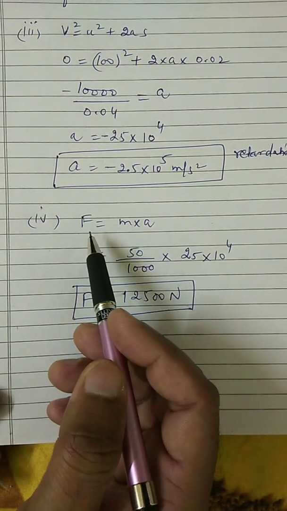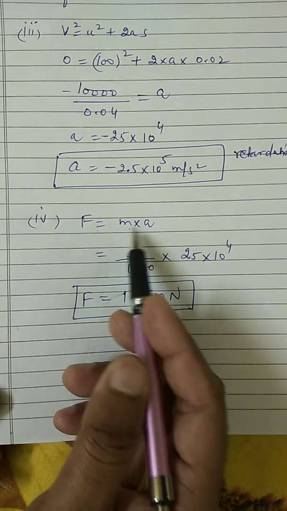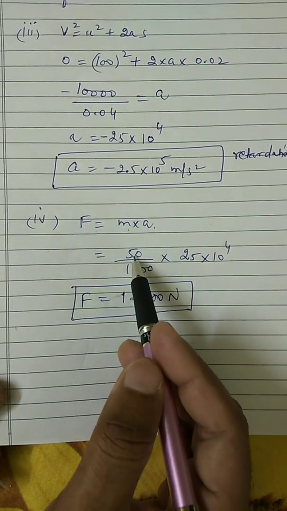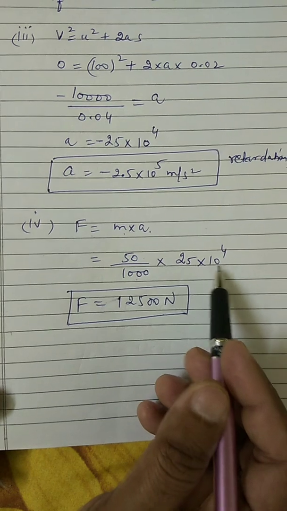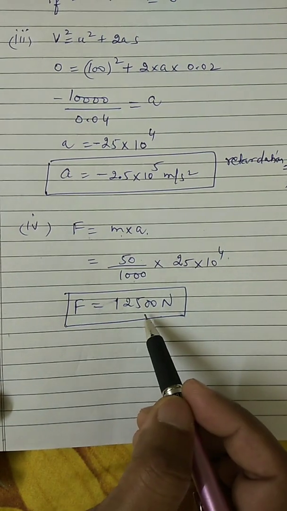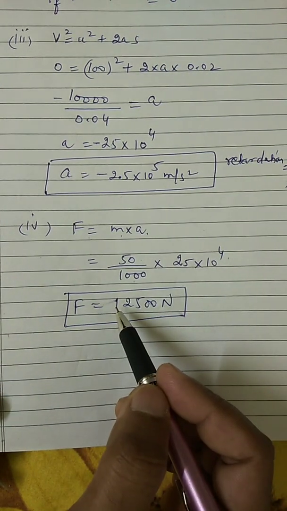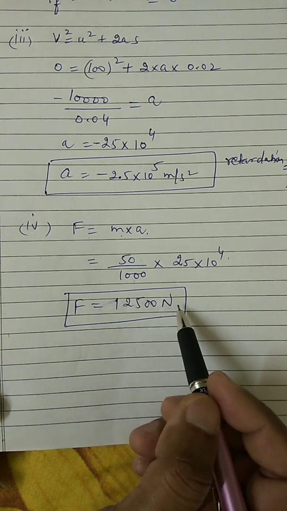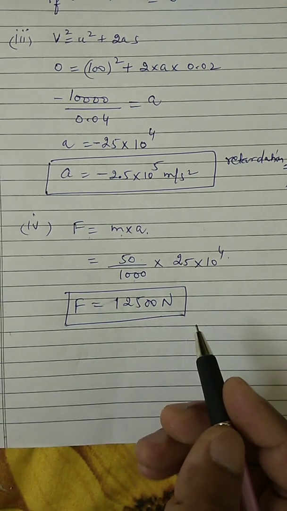Fourth is force we have to find. Force is mass into retardation. So 50 upon 1000 into 25 into 10 raised to the power 4. If you solve, you will get the answer, that is 12,500 Newton retarding force.